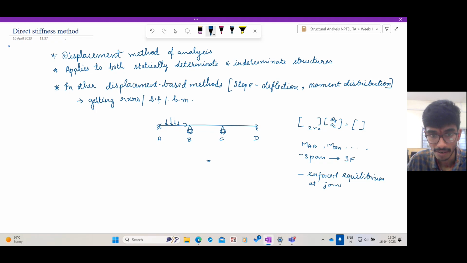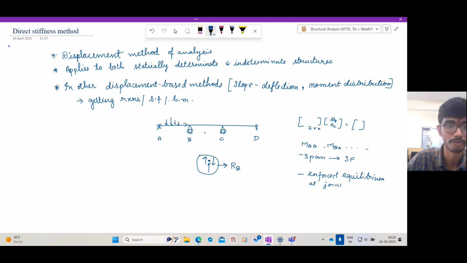At this joint, from the left beam you have shear force this way, from the right side beam you have shear force this way, and you have the reaction this way, and then you set the sum equal to 0 and get the reaction at B. It is not very complicated, but it is so involved that it cannot be directly coded in a computer program. So that is an inconvenience in other displacement-based methods.